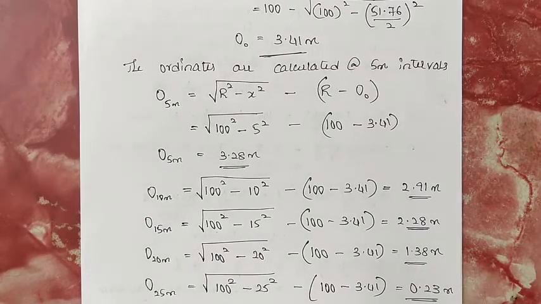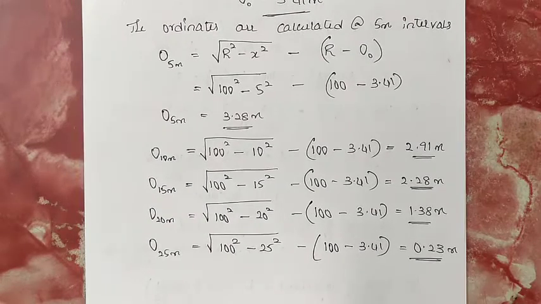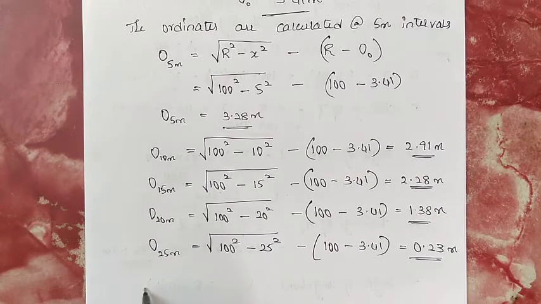This is the regular interval distances up to 25 meter that I have calculated. But half of the length of the long chord is 25.88. You can apply the check here.